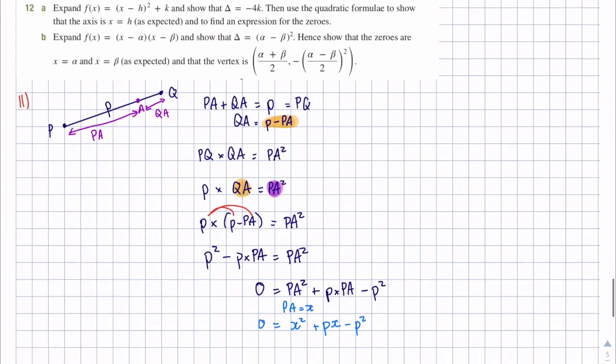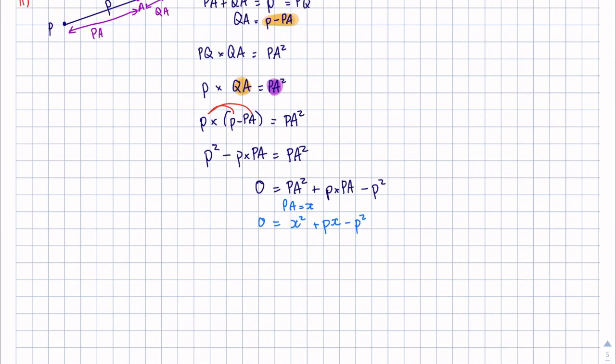So I'm going to use the quadratic formula. x equals minus, and I should specify: for my quadratic formula, a equals 1, b equals p, and c equals negative p squared. So I've got x equals minus p plus or minus the square root of p squared take 4 times 1 times negative p squared, all over 2 times 1.